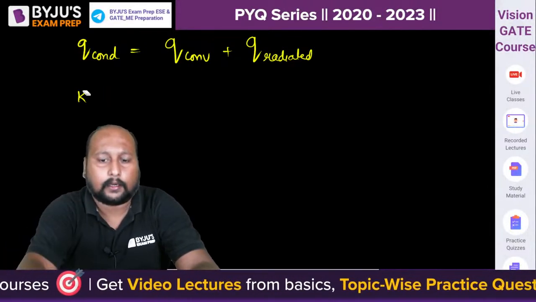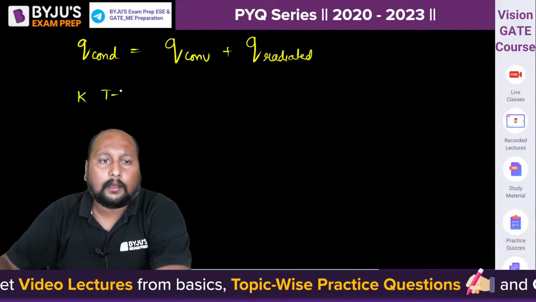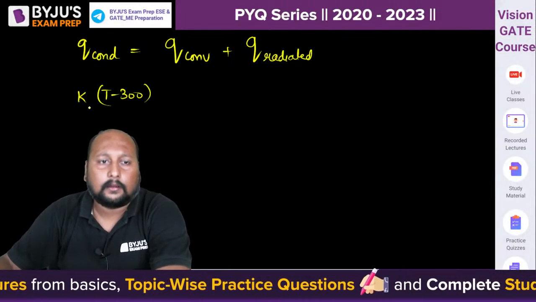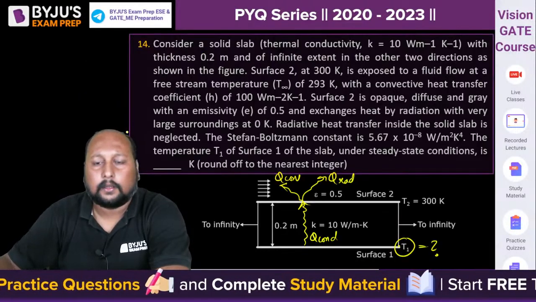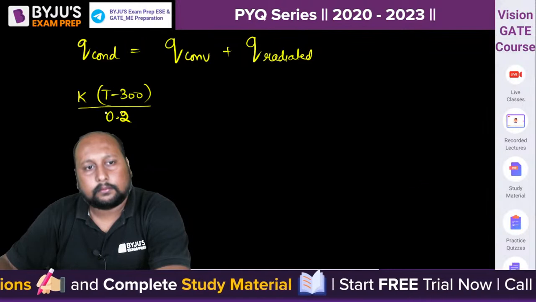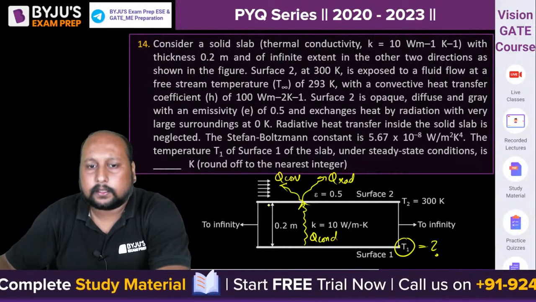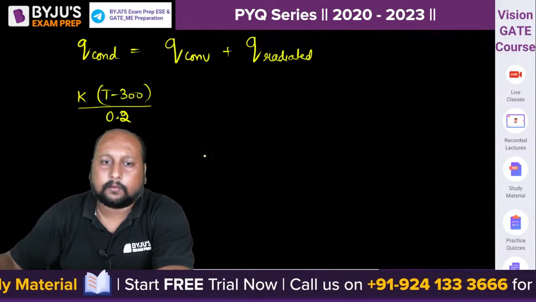T minus 300 by length, which is 0.2, right? Area, we can take it as 1 only.